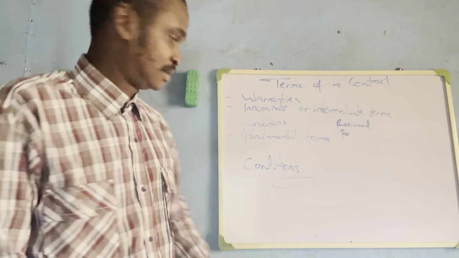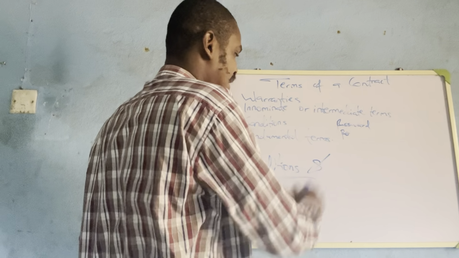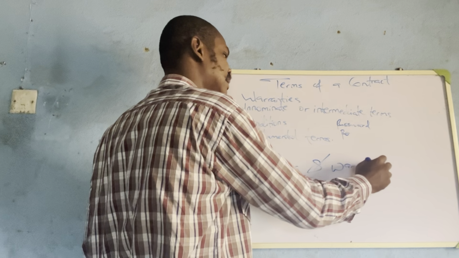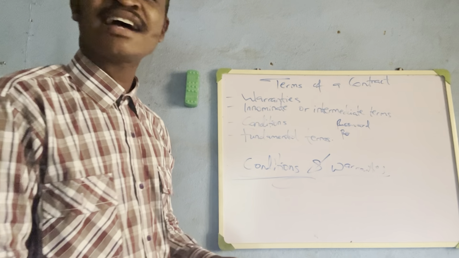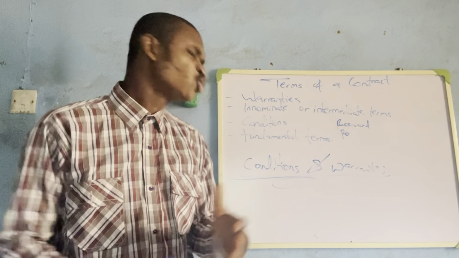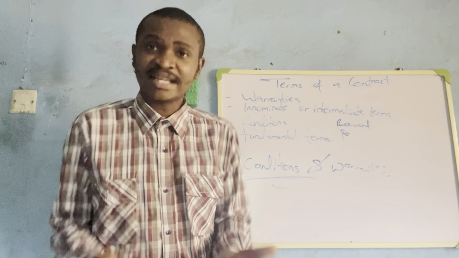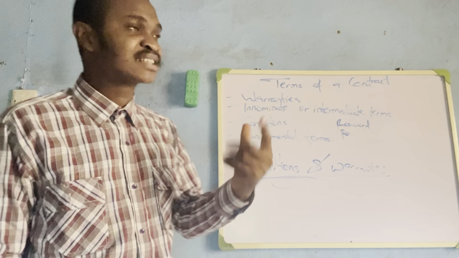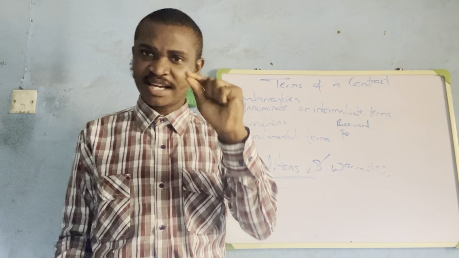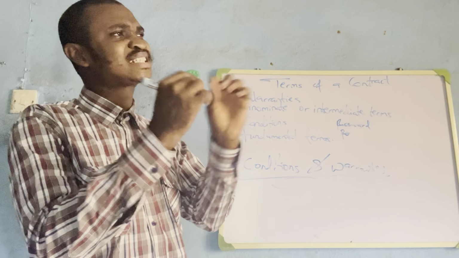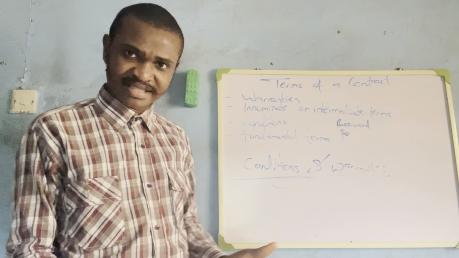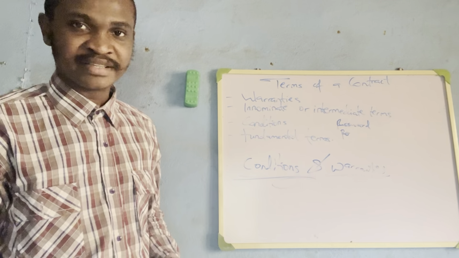Now, that being said, conditions and warranties are usually used so commonly and so interchangeably that most of the time you might not even know the difference between the two of them. In fact, the difference between the two of them is so slim that you might be confused on when a warranty is used and when a condition is used.